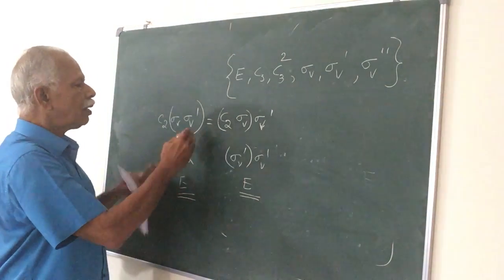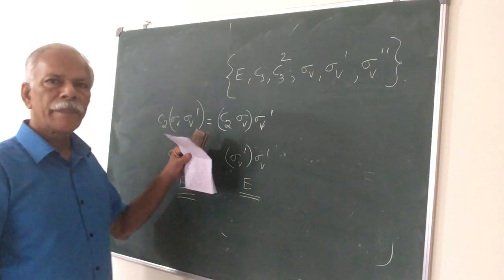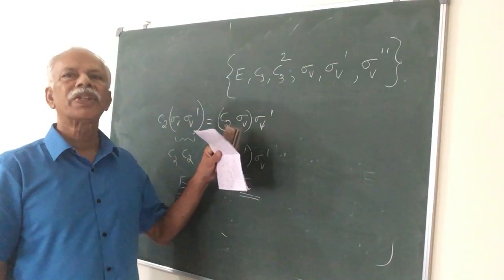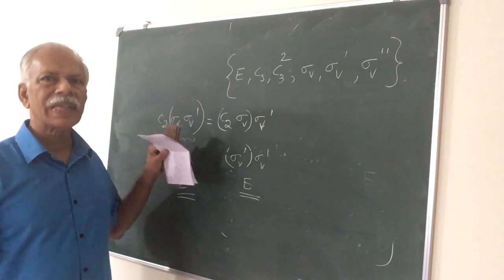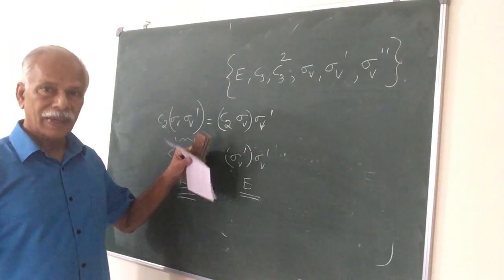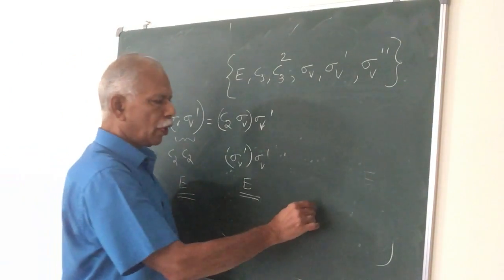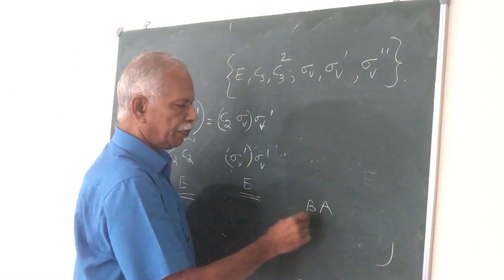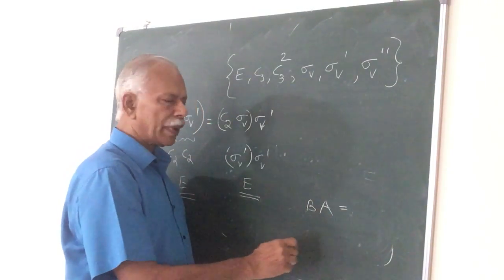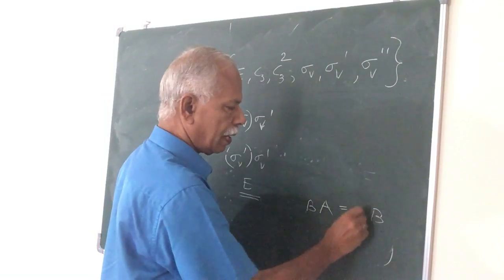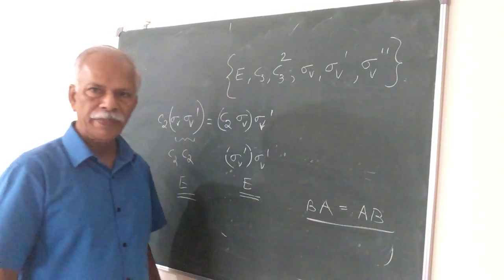provided any two operations are associated initially without changing the order in which these are written. In the case of the water molecule, the product of any two operations AB is the same as the product of this operation written in a reverse manner. AB will be equal to BA.